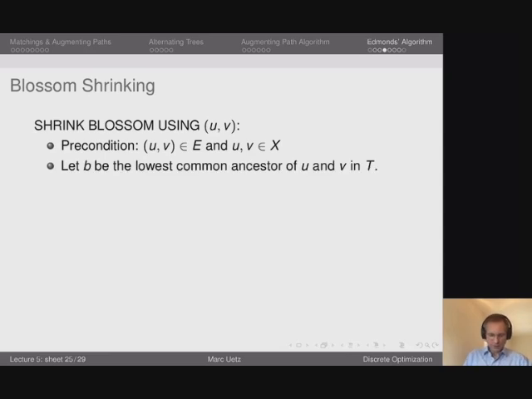The base of the blossom is the lowest common ancestor of both U and V in this alternating tree that we have already computed.